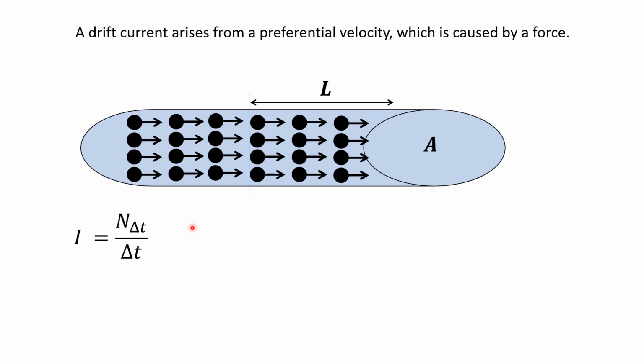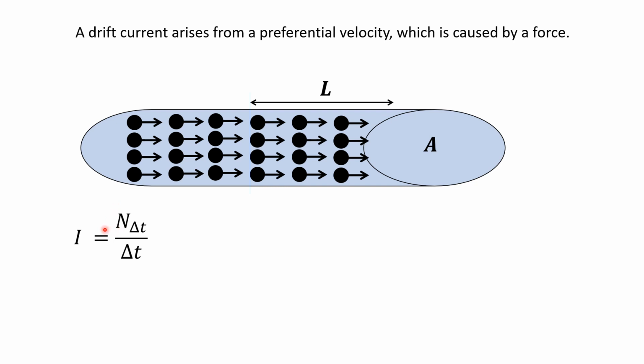Now, let's make a mental experiment, a thought experiment. Let's suppose that we set a timer, and then we draw an imaginary line here in this line of particles, and then we set our timer and wait until this last line of particles reach or cross the area A. And let's call this time delta t, and the number of particles that crossed the area in this interval of time delta t, we're going to call n delta t.